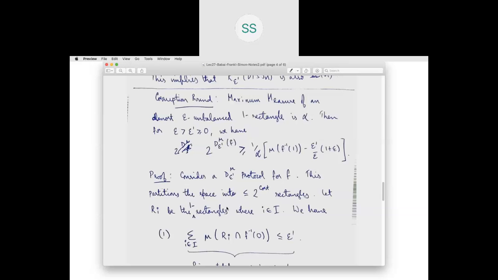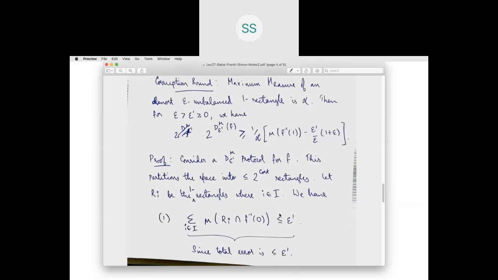Now let R subscript i be the 1 rectangles out of these, where small i comes from the index set capital I. So R_i are the 1 rectangles in the protocol. Now we have two things that I can easily say.